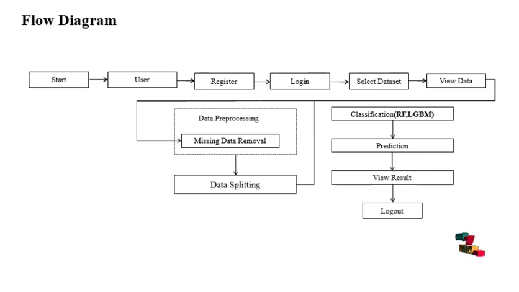After data pre-processing, the data will be split into train data and test data. Most of the data will be in the train set and the remaining in the test set, divided in the ratio of 80:20. After the data splitting, classification will be applied on the data.